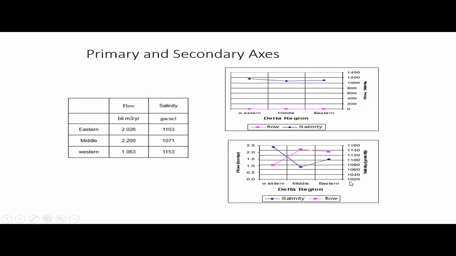This way you can read the salinity on the right y-axis, and you can read the flow in the left axis. Therefore, you can see that this is the actual relation between the 3 points that are not explained here because of the automatic scaling using the 2 columns with the same y-axis.